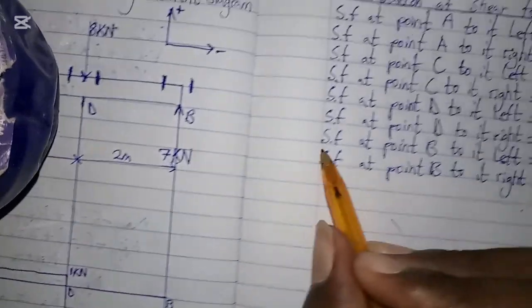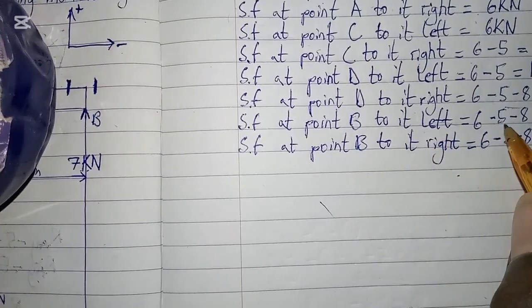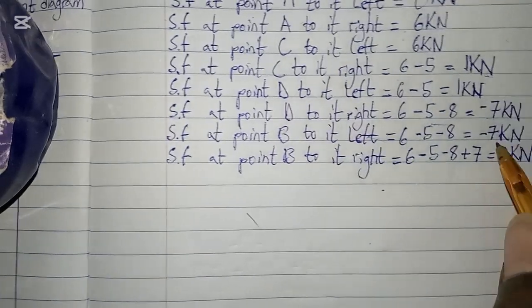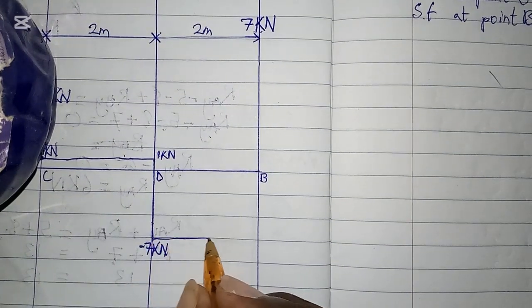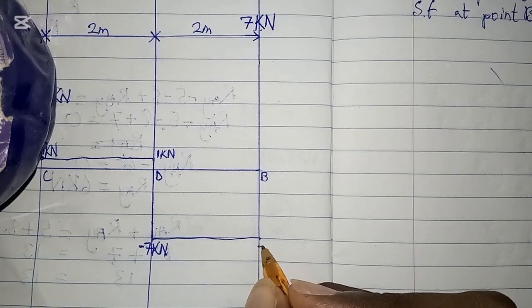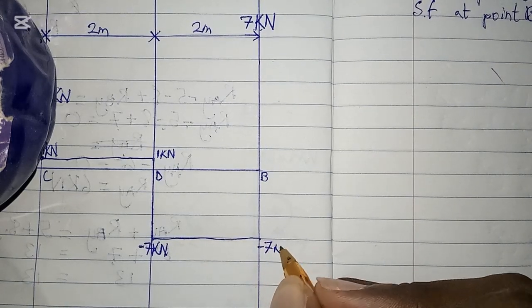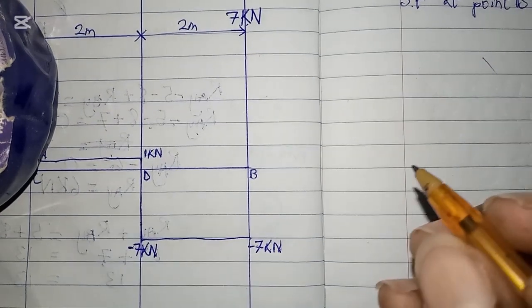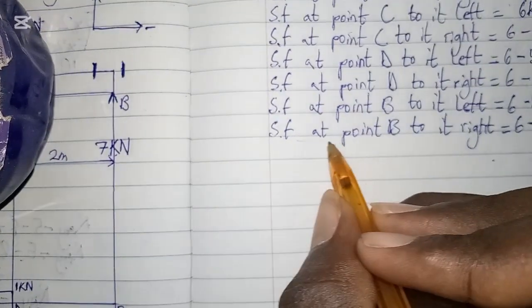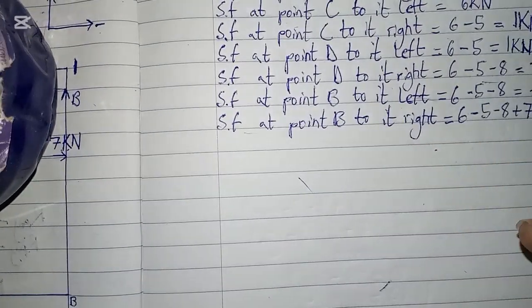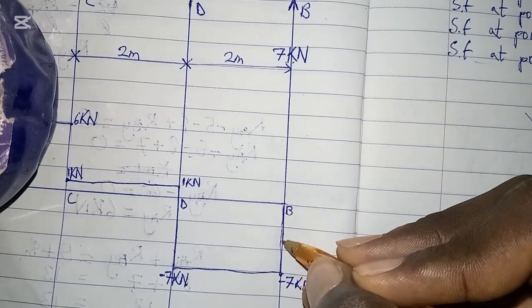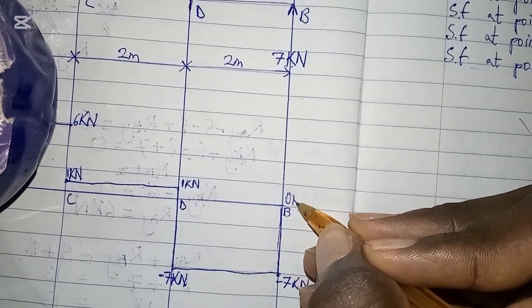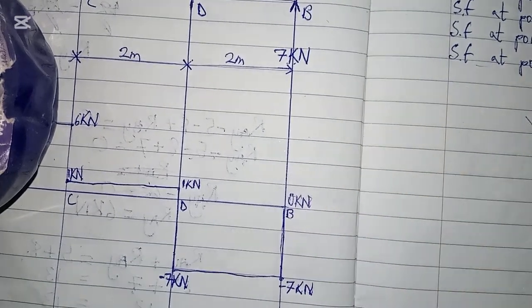And shear force at point B to 8 left is negative 7 kilonewton also, so from here to here is negative 7 kilonewton. Then shear force at point B to 8 right is 0, so from here to here will be 0 kilonewton. So that is it.